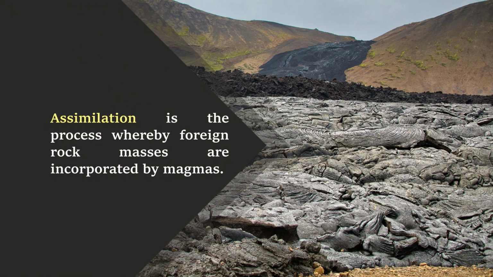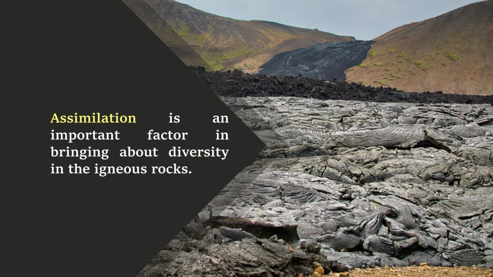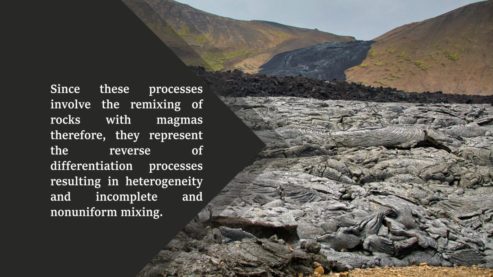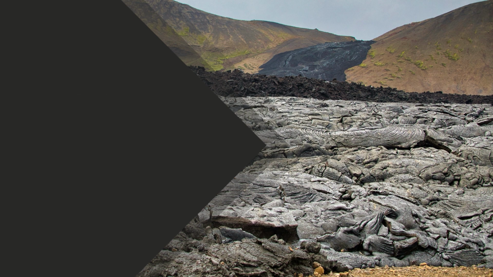Assimilation is the process by which foreign rock masses are incorporated by the magma. It is also very important in bringing about the diversification of igneous rock. It also includes mingling of two liquid magmas, magma mixing, and these processes involve remixing of rocks with magma and result in heterogeneity and diversification of magma.